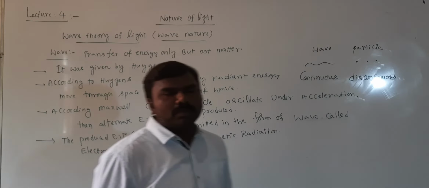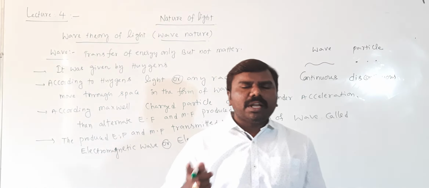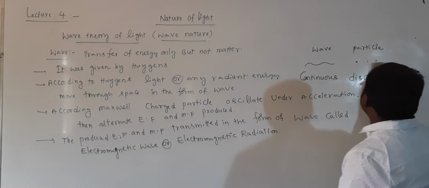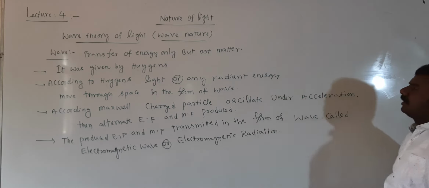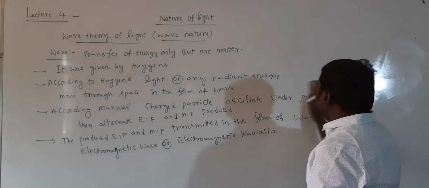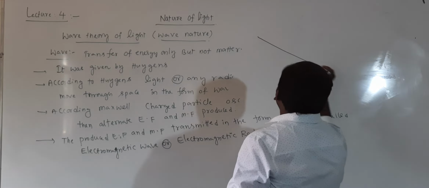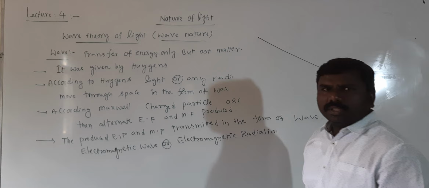Here you have to observe one thing. The electric field as well as the magnetic field will be formed in an alternate way. I am drawing it here. This is the direction of propagation of light.